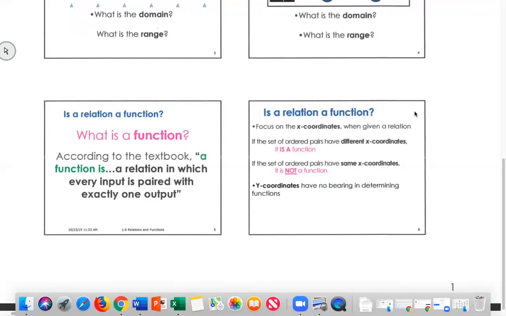Well, it can be, not all the time, okay? So long story short, if the set of ordered pairs have different x coordinates, it's a function, okay? If the set of ordered pairs has at least one pairing that is repeated, it's not a function. And the y coordinates, they don't matter. Nobody really cares about them.